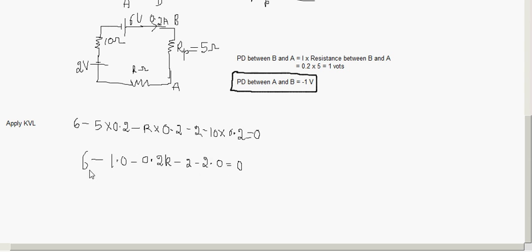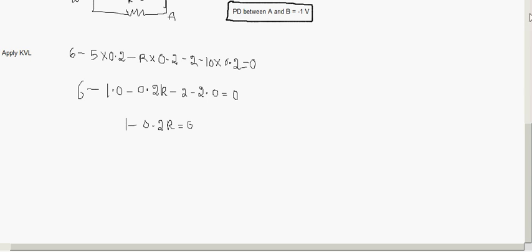So 1, 2, 2, that is 5. 6 minus 5 is 1, minus 0.2 R equal to 0, or R is equal to 1 divided by 0.2. 1 by 0.2 is 5 ohm. The unknown resistance therefore is equal to 5 ohm.